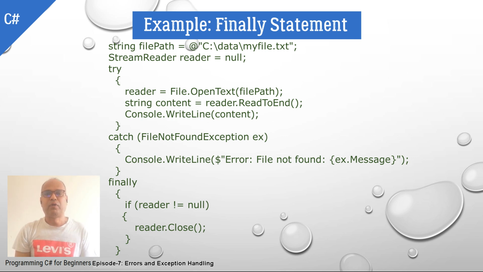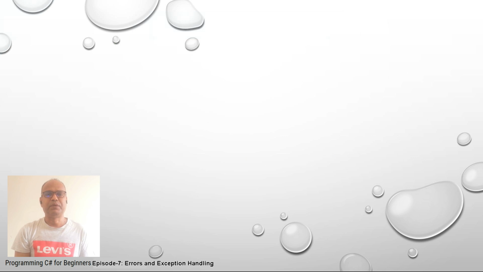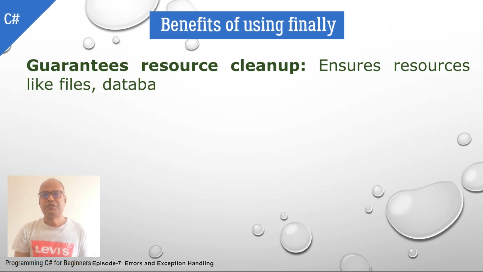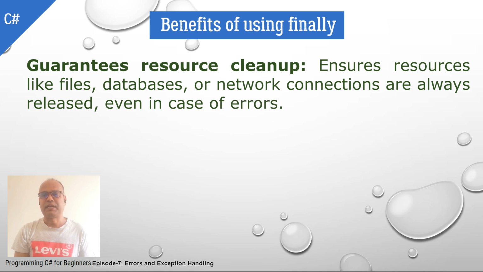Here, the finally block ensures the file is closed even if an exception occurs while opening or reading it. This prevents resources like file handles from being left open and causing issues. Benefits of using finally. Guarantees resource cleanup: ensures resources like files, databases, or network connections are always released, even in case of errors.